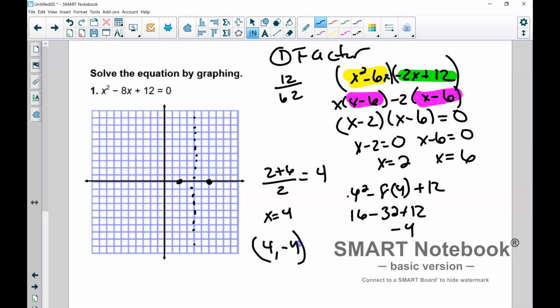So my vertex is at 4, negative 4. If I had to label all the graphs, I would label these the x-intercepts. I'd label this the vertex or the minimum point, and I would label this the axis of symmetry.